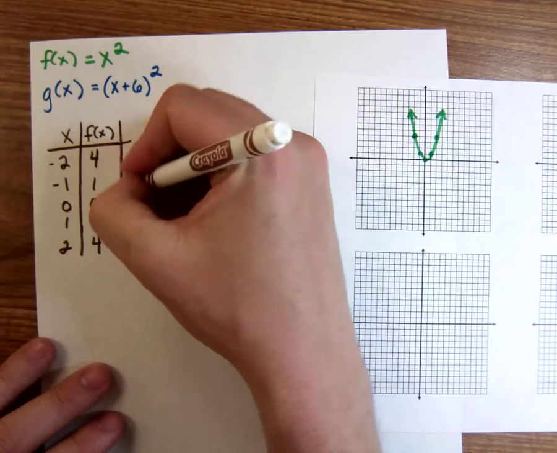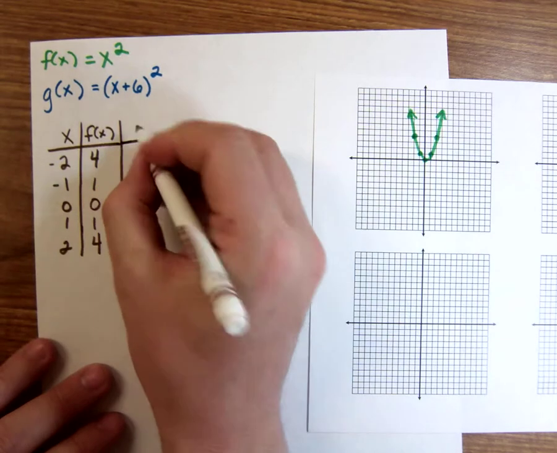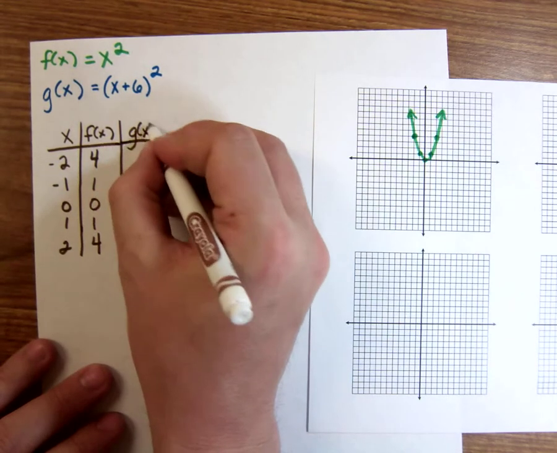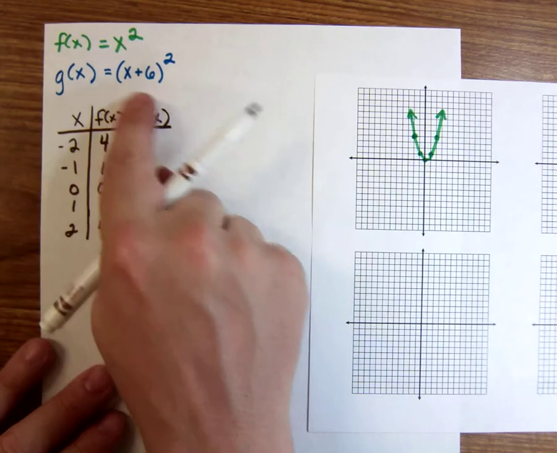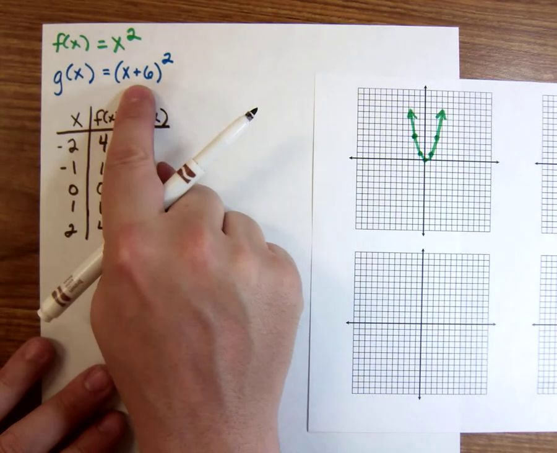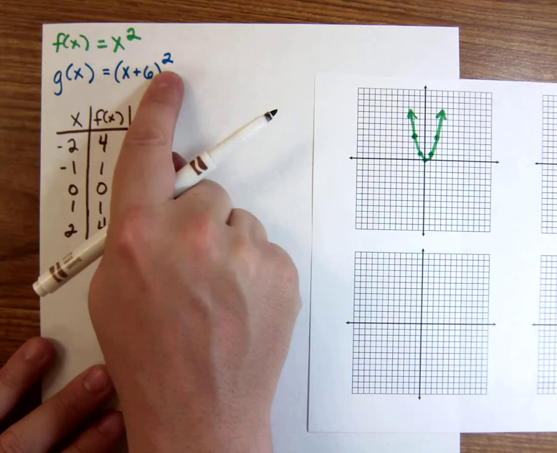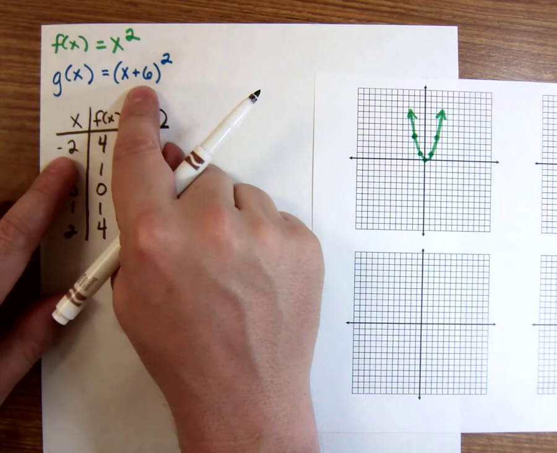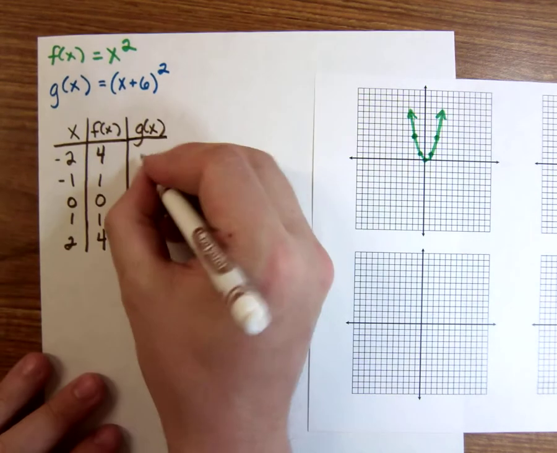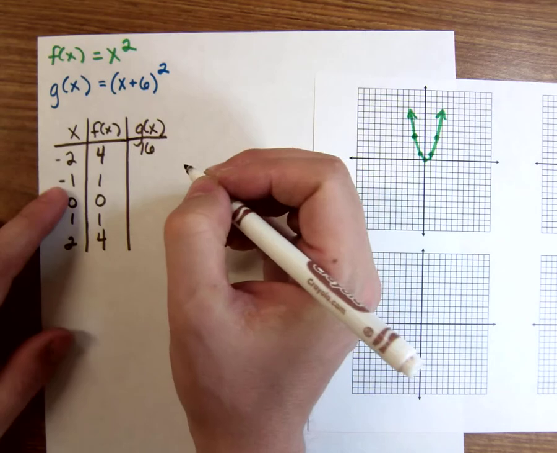Let's do g of x here. So what we're going to do with g of x is we're going to add or subtract the number first and then square it. Okay, so you do negative 2 plus 6, which is 4, and then square it. Okay. Then we do negative 1.